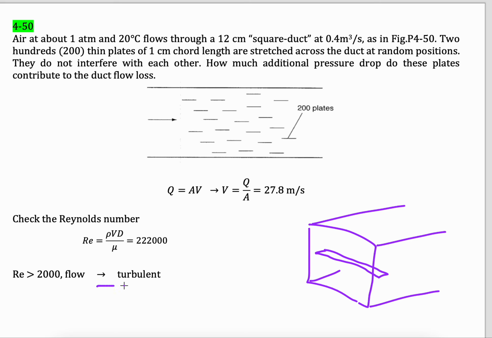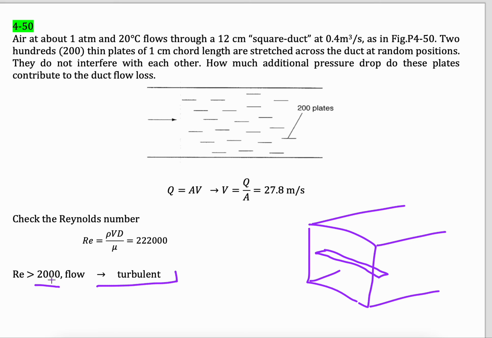So here, please make sure that you are using the correct transition limits. For a square duct like this one, it will follow the idea of flow in pipe. For flow in pipes, if the Reynolds number is larger than 2000, we could assume it is turbulent.